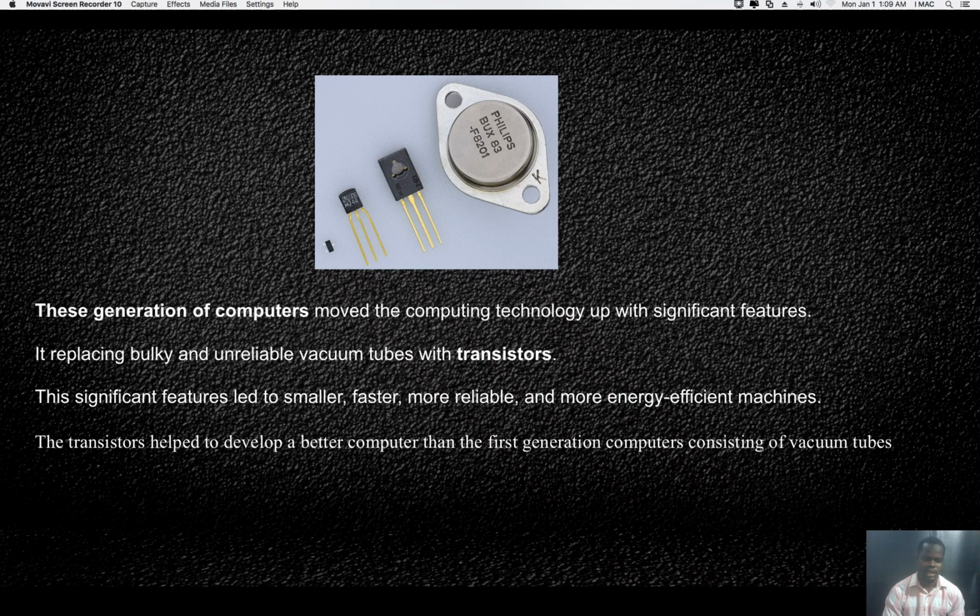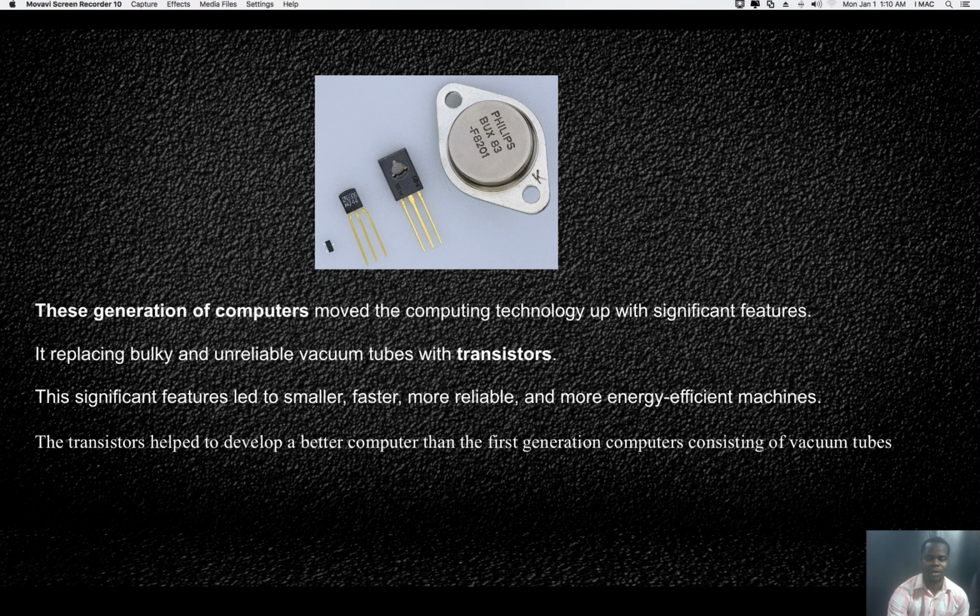So yes, this generation of computers moved the computing technology up with significant features. What are some of the features? In those times, they were using the vacuum tubes, so they were very big, bulky, and unreliable as well. But with the transistors, they were able to get smaller, faster, more reliable and more energy efficient computers than the first generation, which has helped a lot.